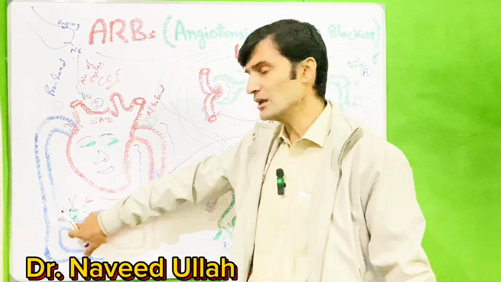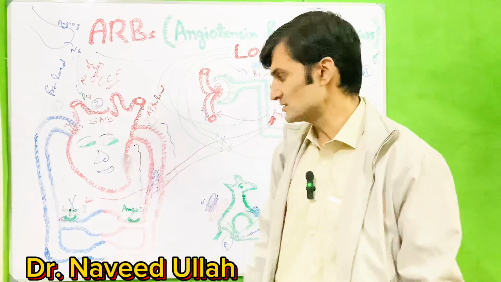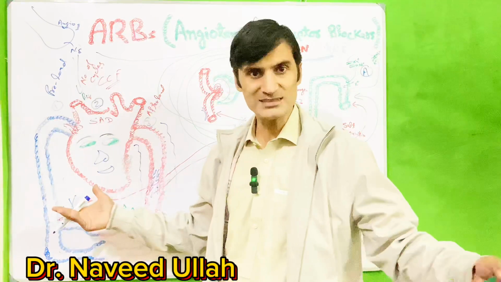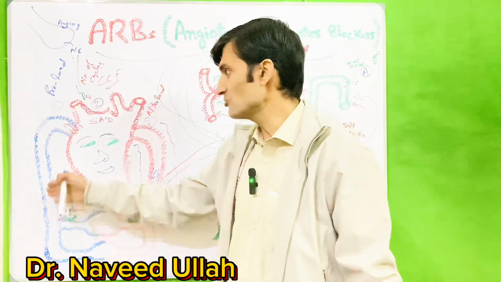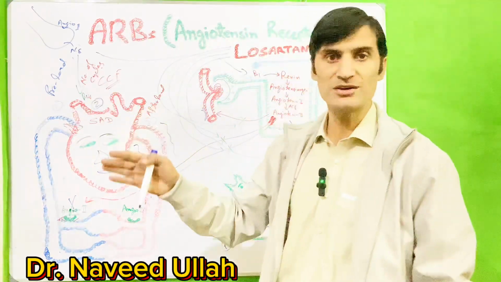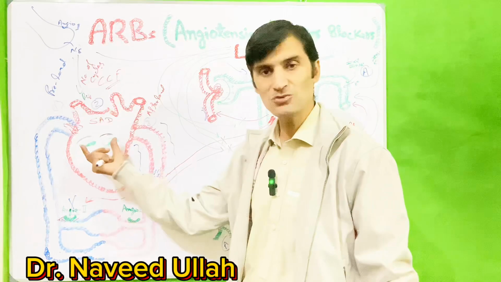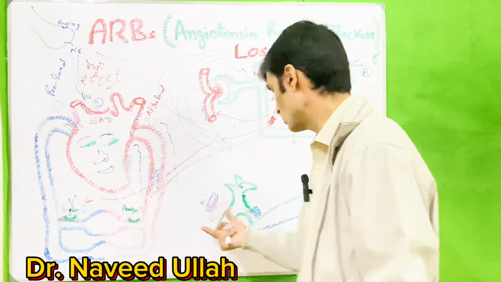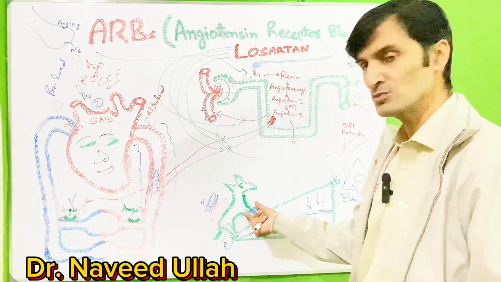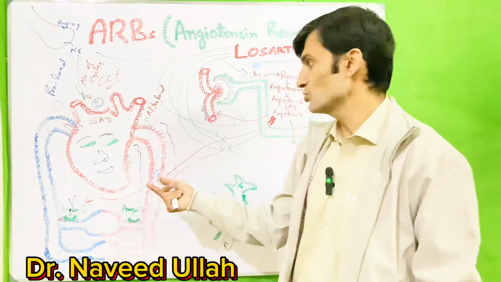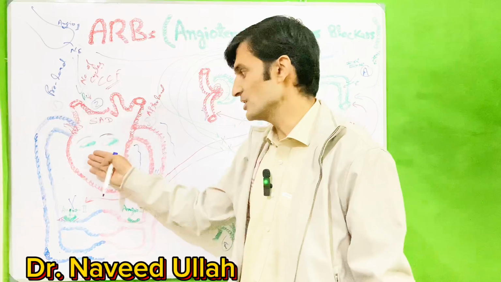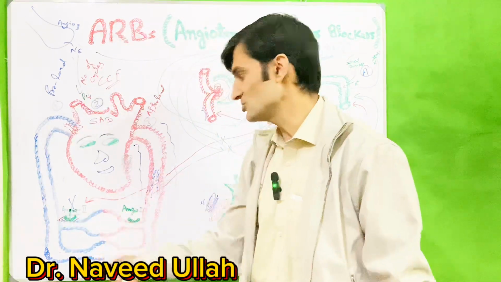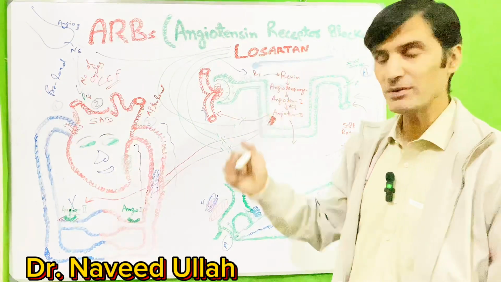When losartan inhibits the receptors on veins, the constriction will be relaxed, less blood will flow towards the heart, and cardiac output will be less. The heart will have less work to perform. So this will be a help to this sick heart, this donkey which has one leg broken. So we can give help to that heart by inhibiting this angiotensin 2 receptor, which will be inhibited by losartan.